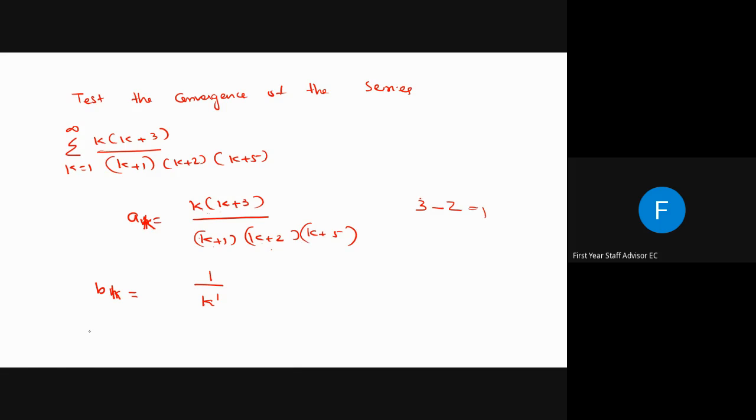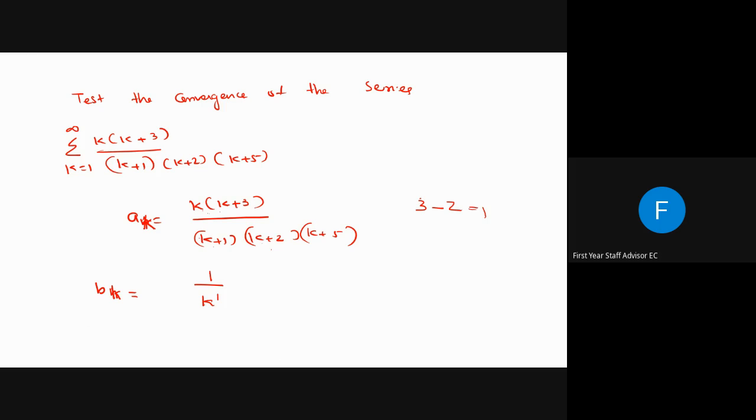So limit k tends to infinity of ak by bk equal to k into k plus 3 divided by k plus 1 into k plus 2 into k plus 5, divided by 1 by k.